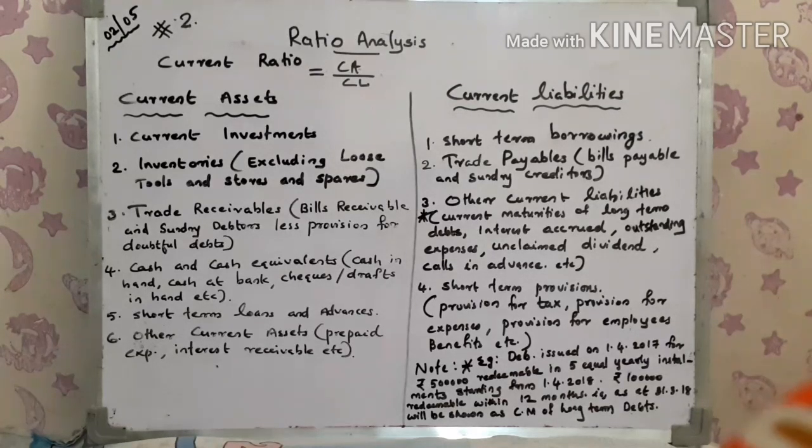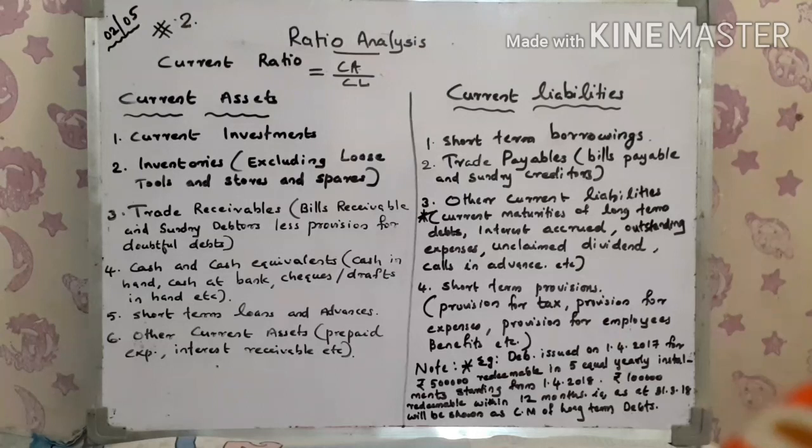That means if we convert raw materials into a finished product, and that finished product we sell in the market and earn cash, the period required for this is what we call the operating cycle. So all these items come under current assets.